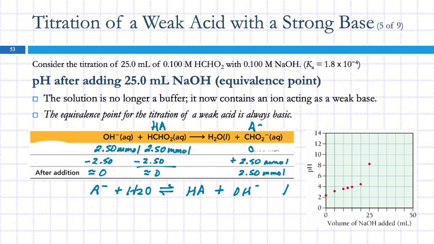And that is base ionization. So I have 2.5 millimoles, but wait, I need this to be in molarity, right? So I've got 2.50 millimoles of my weak base, and what's the total volume of my solution now?